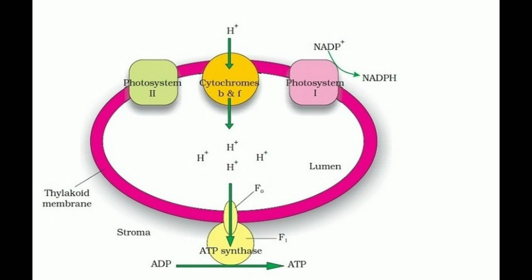So we call this cytochrome an electron acceptor as well as an electron transporter. So this is the exact process where ATP is synthesized in photophosphorylation.